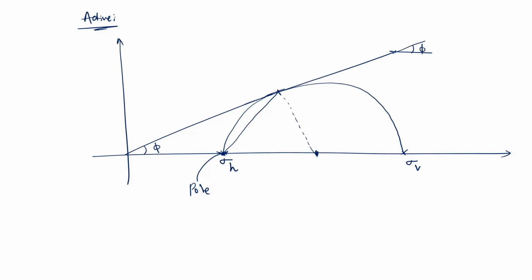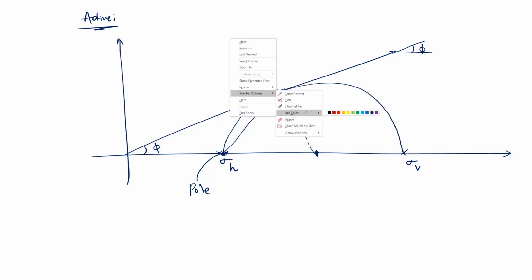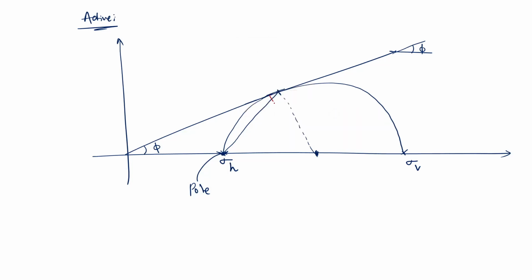Let me change the color. This is 90 degrees. Why? Because this is tangent to the circle. And why is this 90 degrees? Because this is the line from the point of intersection of the tangent and circle to the center of the circle. This is the center of the circle, let us say. So it is 90 degrees.